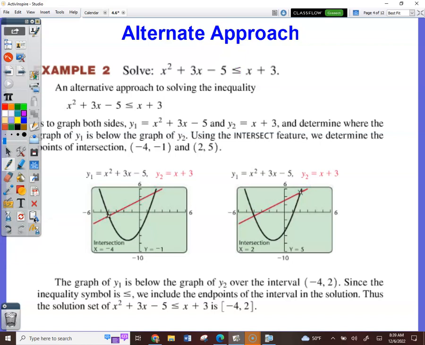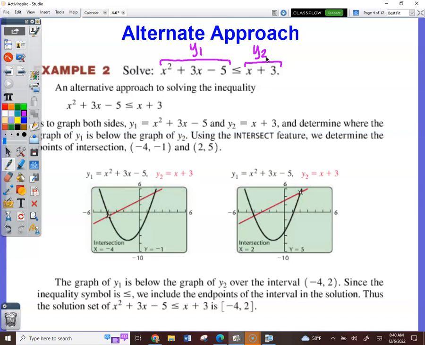This is showing you that if you don't like the whole get everything to one side and just focus on where it is in relation to the x-axis, you could just enter the left side in y1 and the right side in y2, and then you could look at the inequality, and you would go to your graph and you would say, where is the y1 graph below the y2 graph, right?